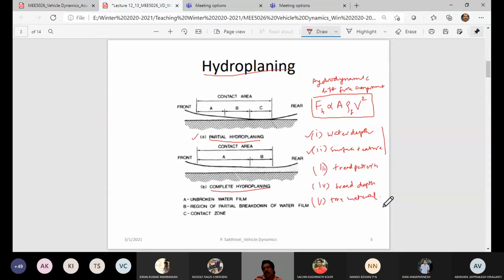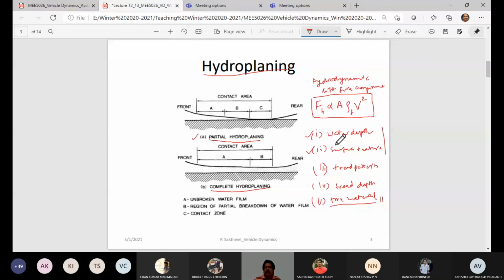So they will have more rolling resistance compared to the synthetic material used in passenger cars. So the stopping distance on a wet surface, generally, will be more for trucks compared to passenger cars, and so on. So you would see the material of the tire also has an influence on hydroplaning.